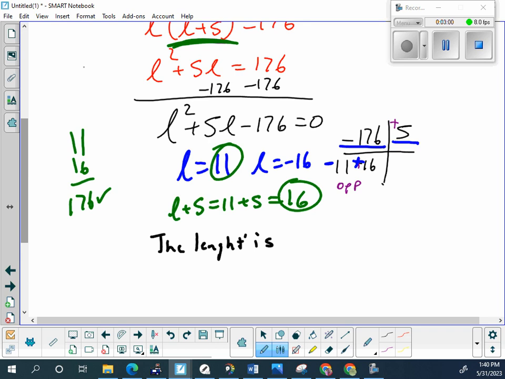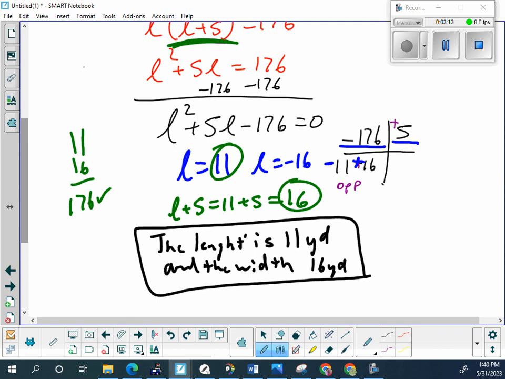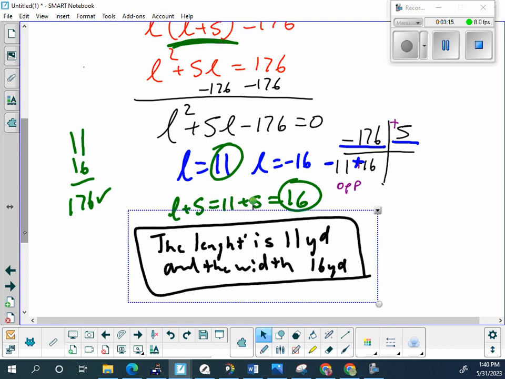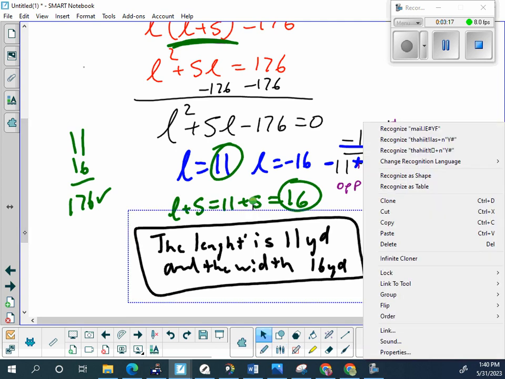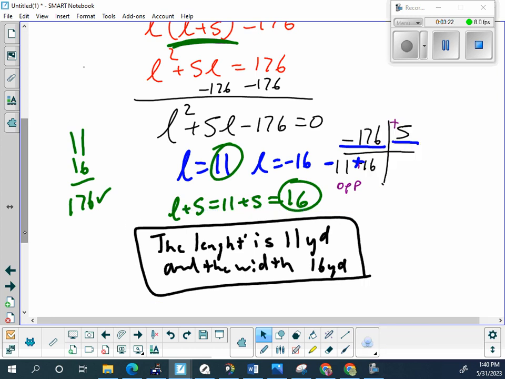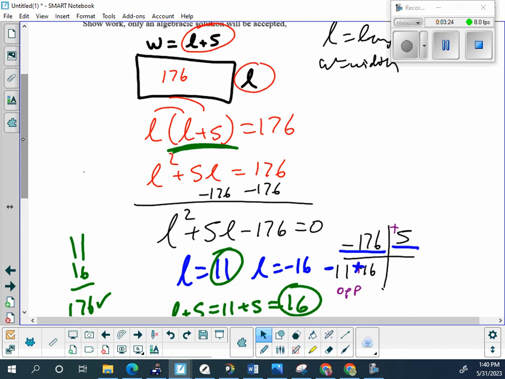The length is 11 yards. And the width, again, I'm just writing this quickly, is 16 yards. Okay, box your answer, and you are good to go. So that's the algebraic solution to that one.